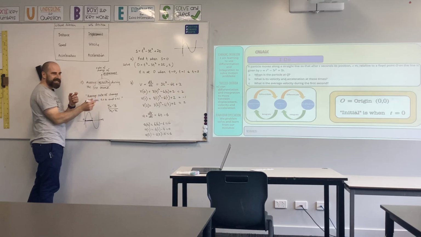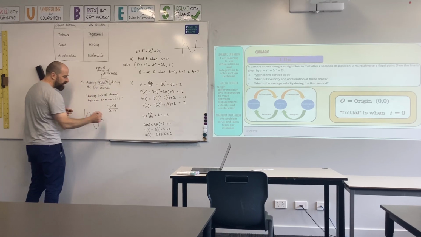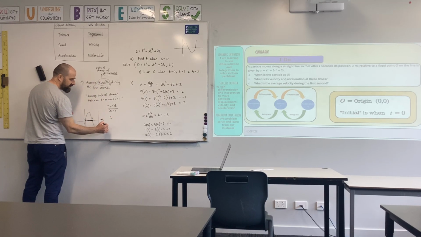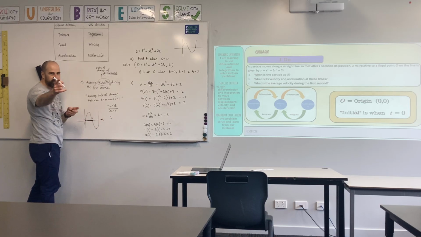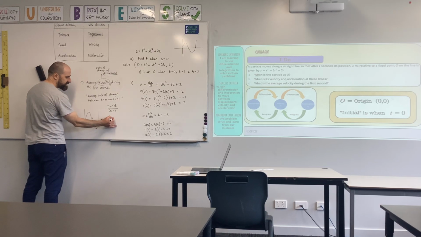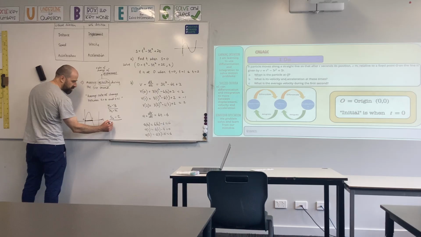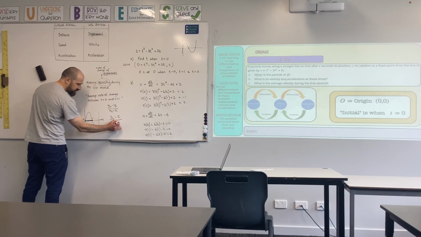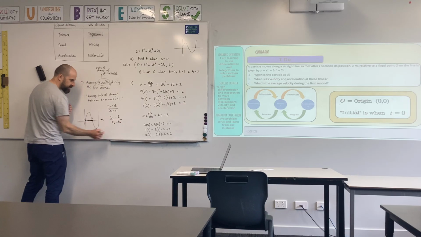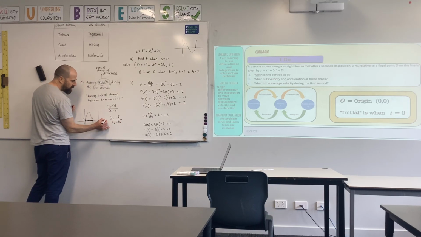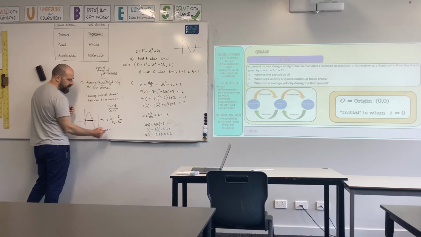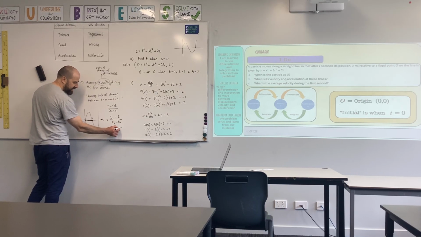So we want to use S and T. So we want to work out what is the displacement at the end minus what was the displacement at the start, divided by what was the time at the end minus what was the time at the start. We know what these two were. The time at the end is 1 second, the time at the start is 0 seconds.